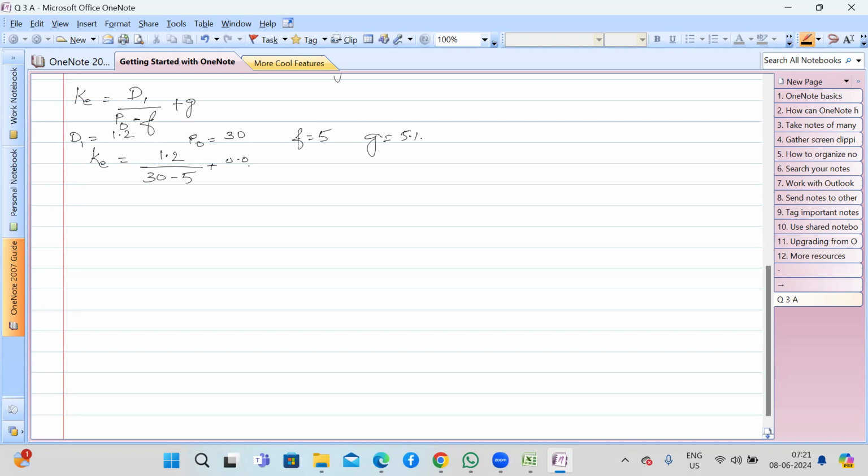Or I can keep it as 5% itself, whichever is convenient to you. So 1.2 divided by 25 plus 5%.